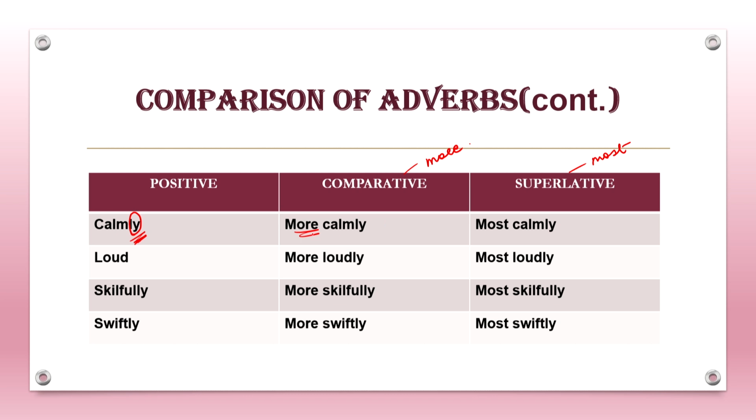So, the comparative would be more calmly, and superlative by adding most to it. So, hence the superlative would be most calmly. Similarly, loudly, more loudly, most loudly, skillfully, more skillfully, most skillfully, swiftly, more swiftly, and most swiftly.